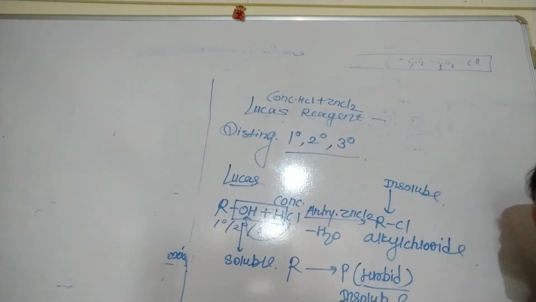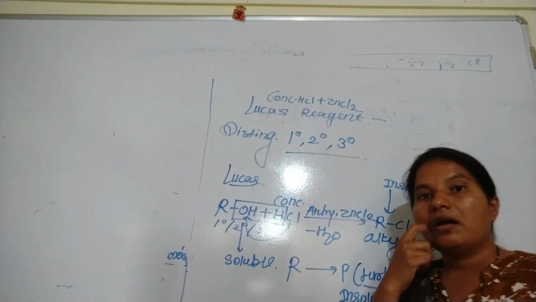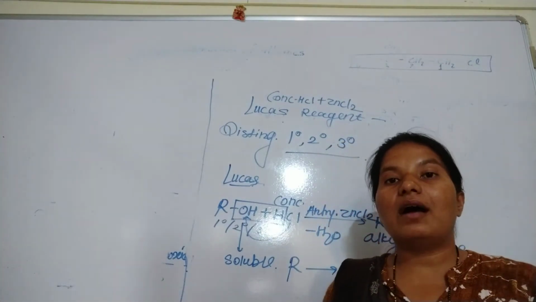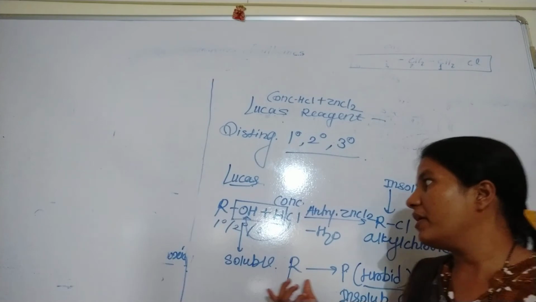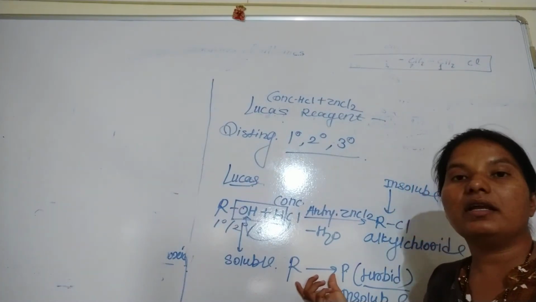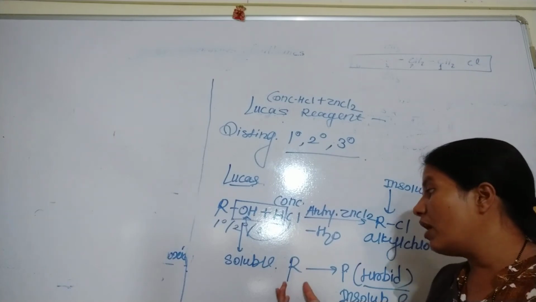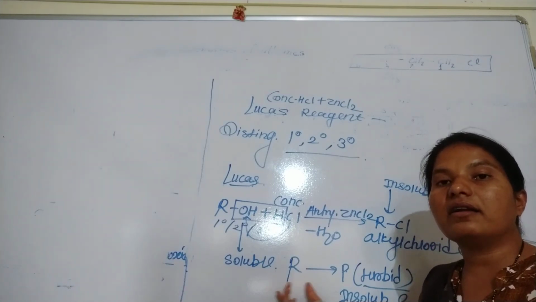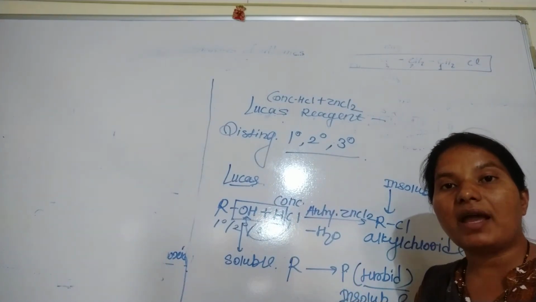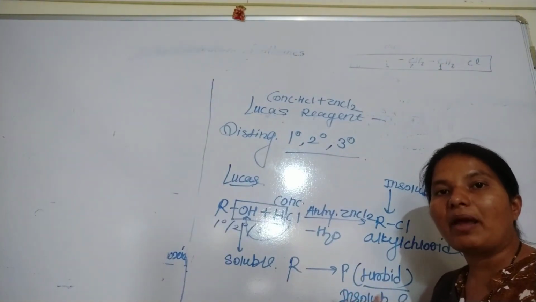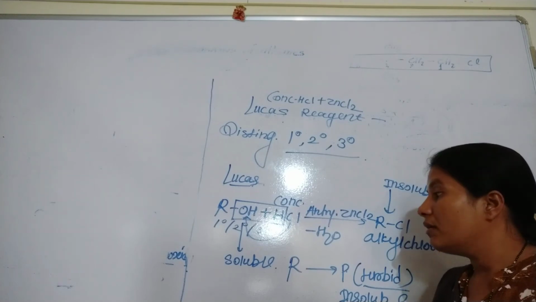in the Lucas reagent. When you take primary alcohol, heat is required to convert reactant to product, and after some time, after 30 minutes, your solution becomes turbid.